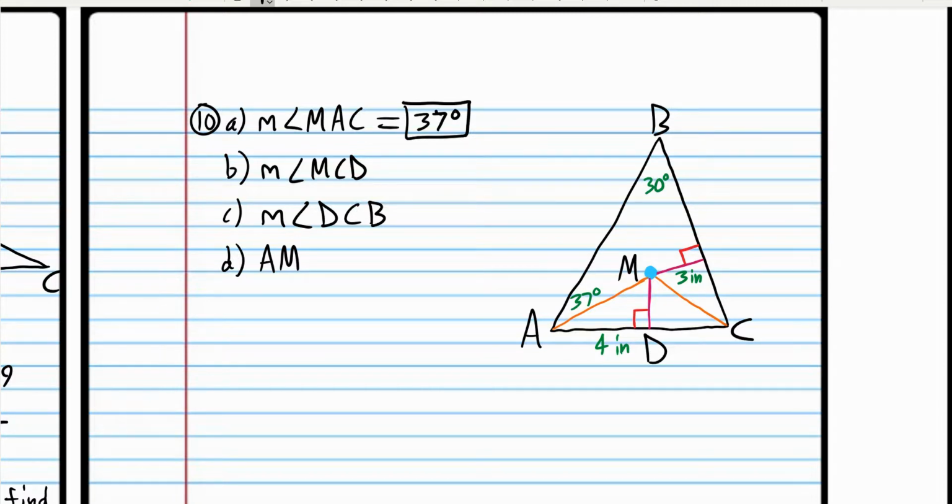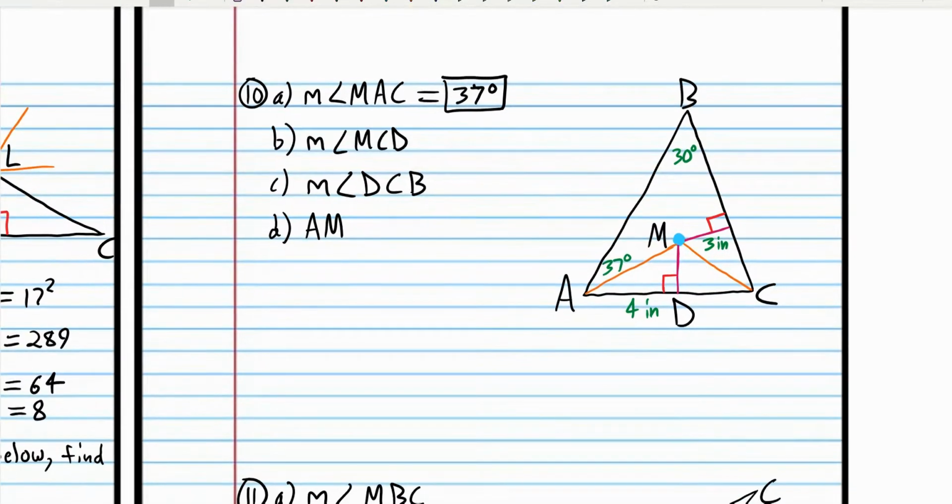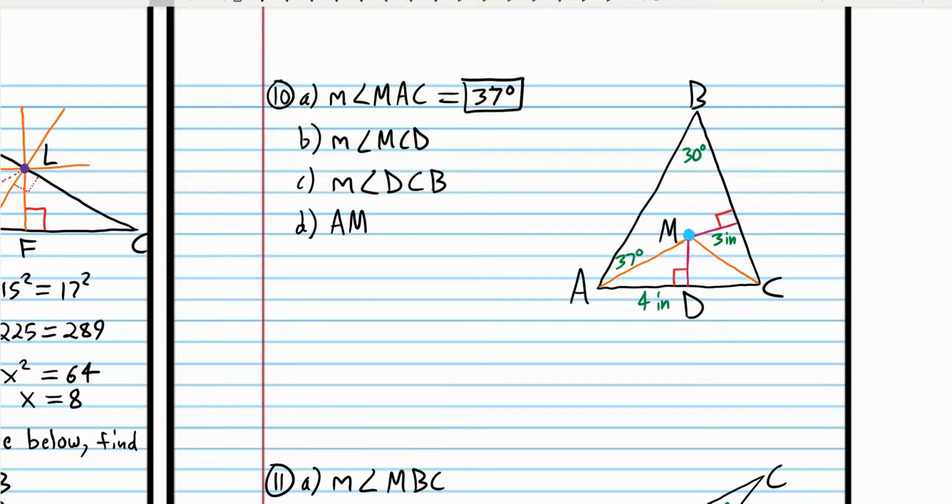So now measure of angle MCD. So that's this angle over here. But we don't know anything about these angles. We do know that this angle is 30, and we know that this angle is 37 times 2. And so it looks like we can use the triangle sum theorem again. So the measure of angle A plus the measure of angle B plus the measure of angle C is equal to 180 degrees.